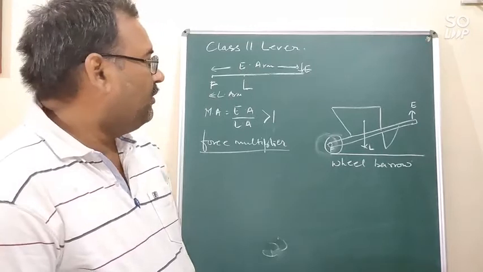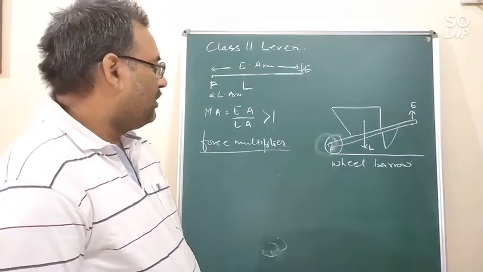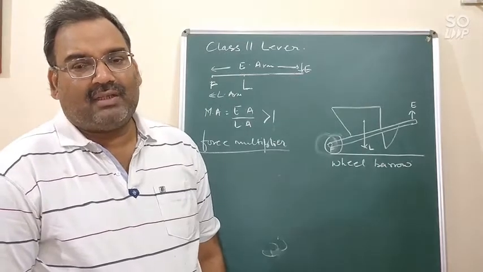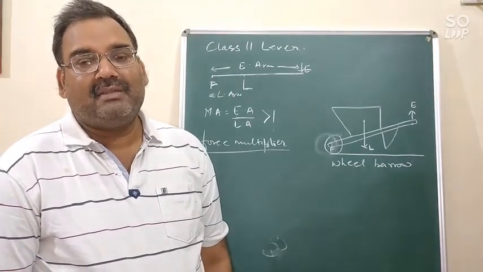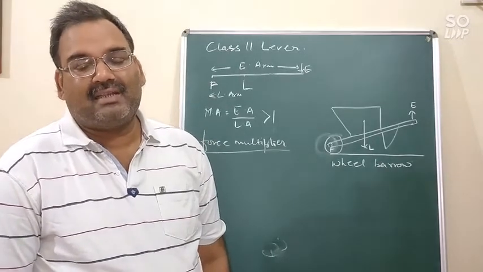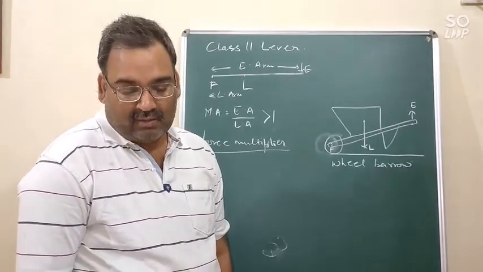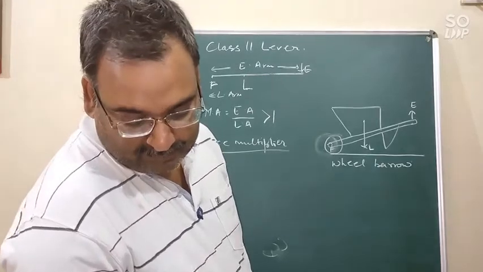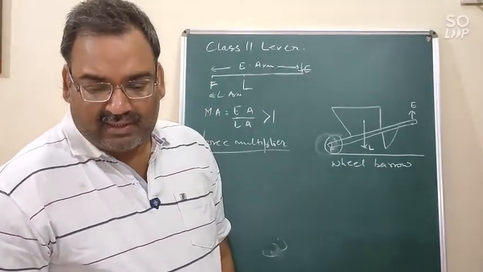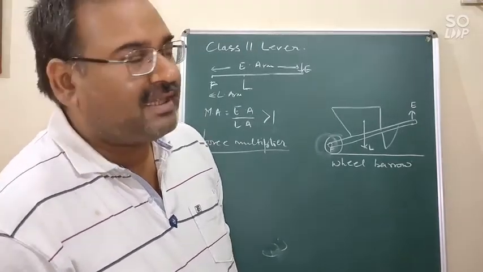So when mechanical advantage is greater than 1, then the machine behaves like a force multiplier. So second class lever behaves like a force multiplier. Is it clear?